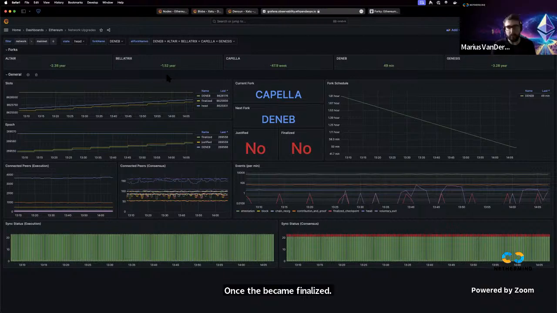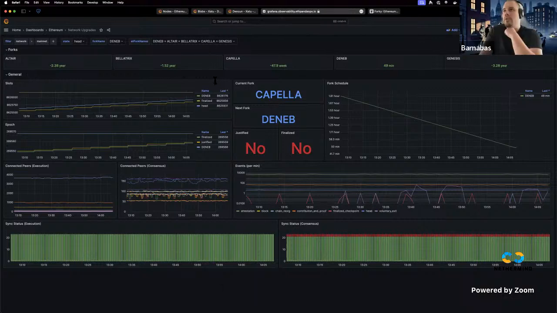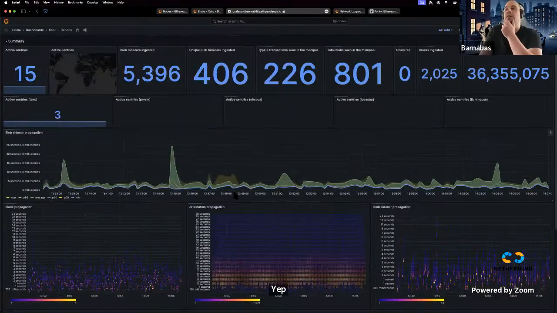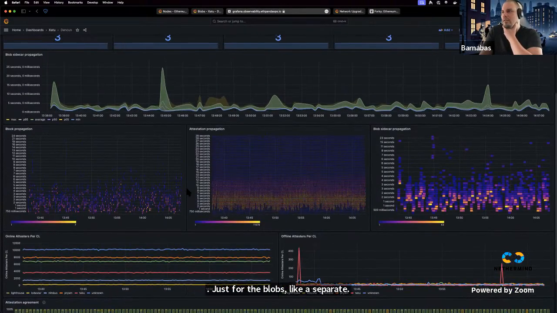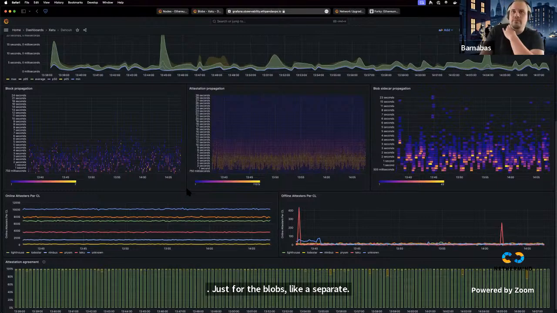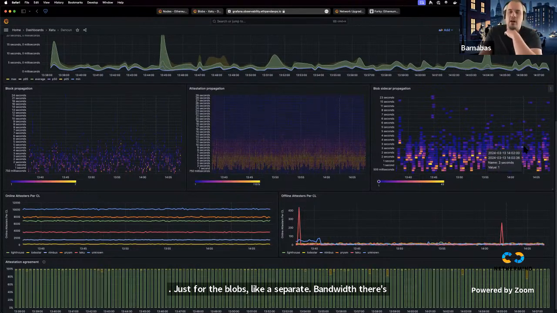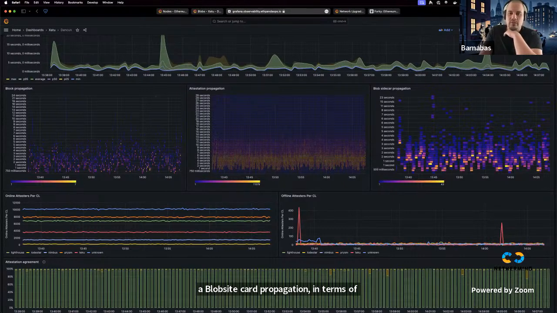Do you have metrics for the bandwidth used by blobs? Yep. Just for the blobs, like a separate bandwidth. There's a blob sidecar propagation metric in terms of how long it takes for each blob to reach another node.